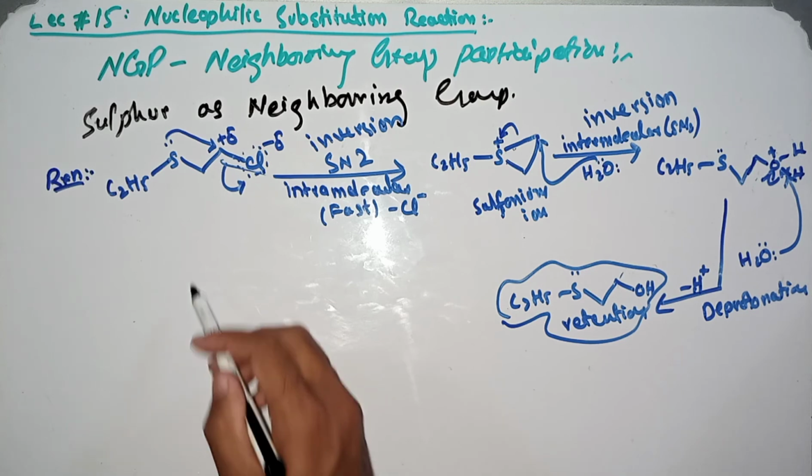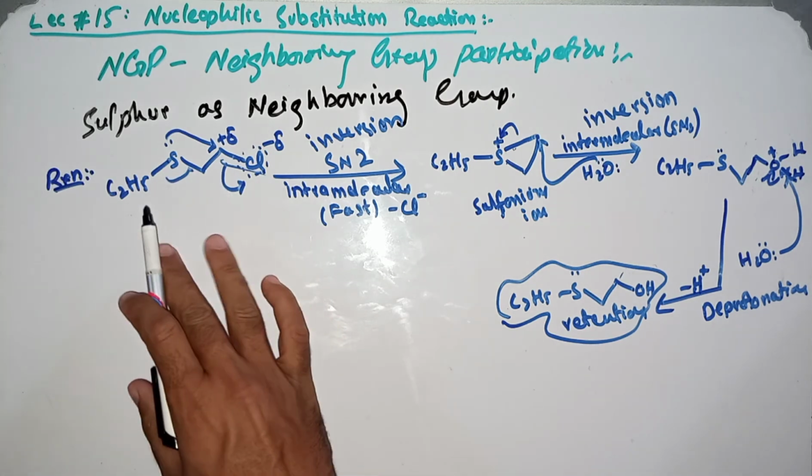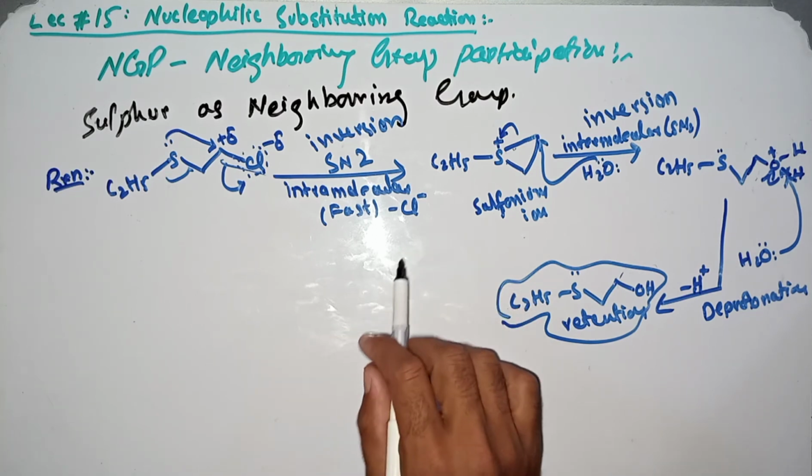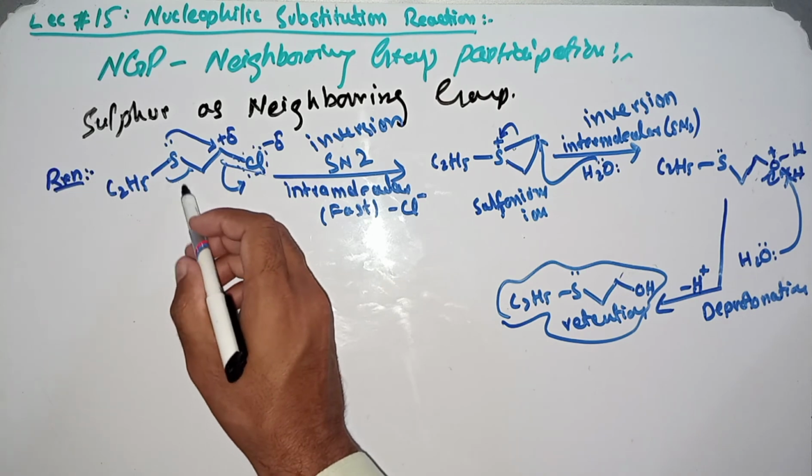Due to sulfur being a neighboring group, when there is no sulfur, the reaction will not be as fast as when sulfur is used.